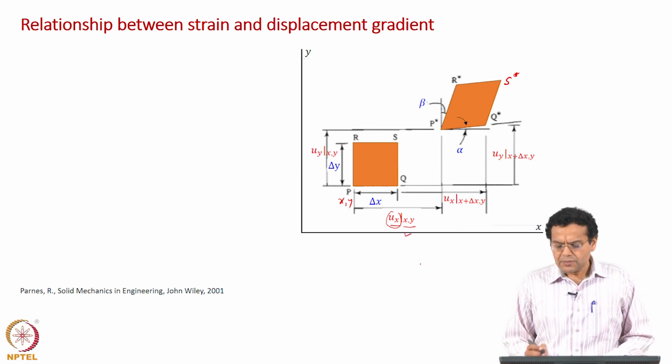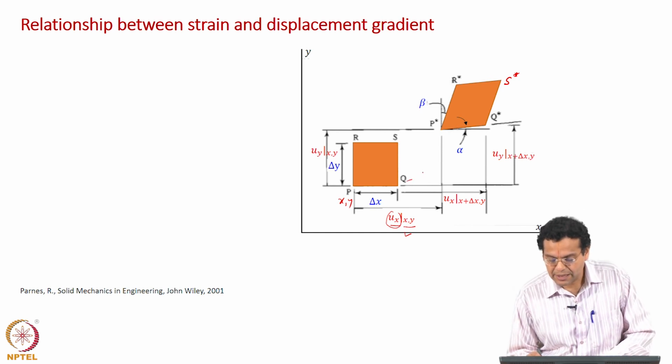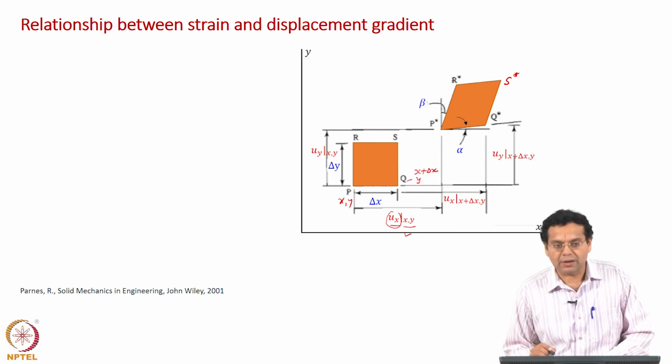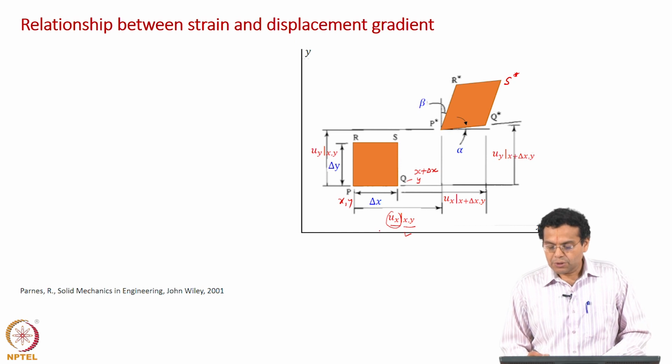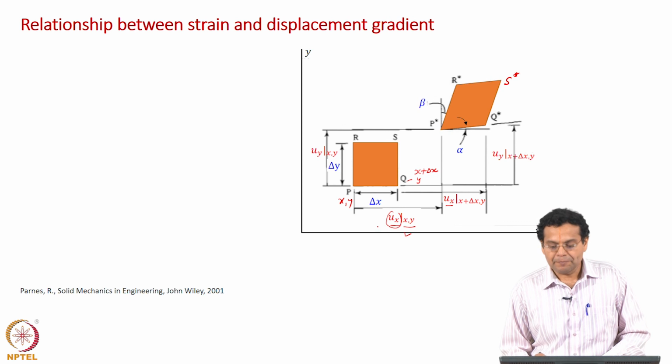Now, what about Q? Because the length of PQ is delta x, the x coordinate of Q is x plus delta x, and of course the y coordinate is the same, y. So, Q has got displaced to Q star, and the x displacement is u x evaluated at x plus delta x comma y.